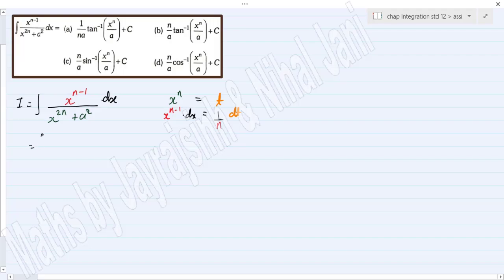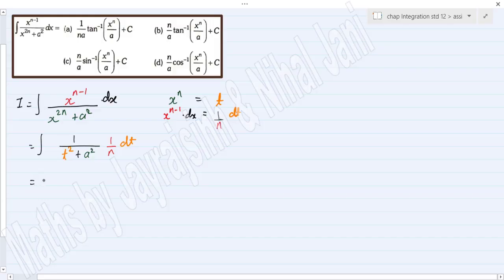So we are ready to modify our integration. This x raised to n minus 1 dot dx will become your 1 upon n dot dt, and 1 upon x raised to 2n will be t square plus a square will be as it is.